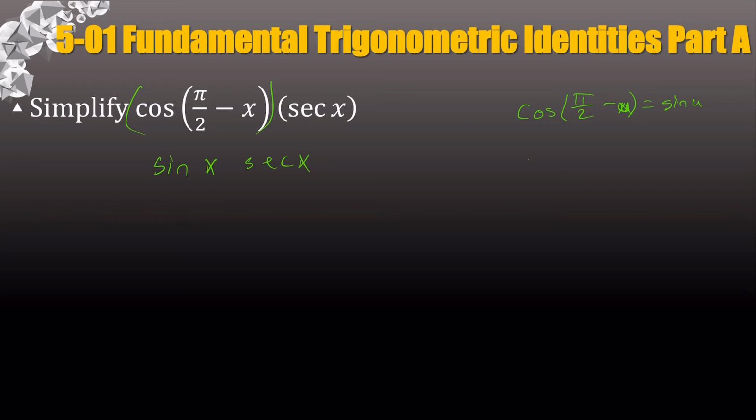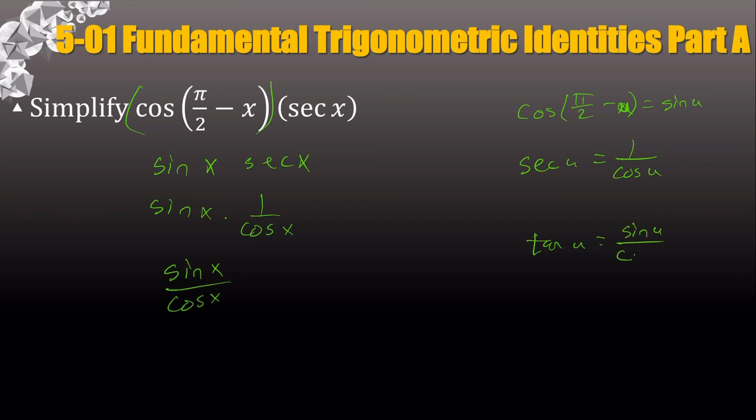I also know that secant is 1 over cosine. So I have sine over cosine. Oh, but wait, I know that tangent is sine over cosine, so that becomes tangent of x.